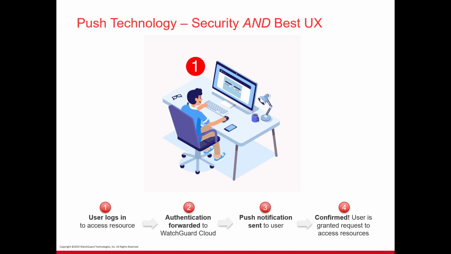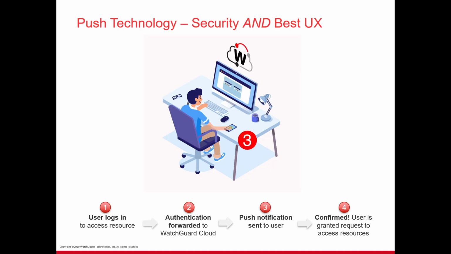So we talked about push technology and why it's secure and has the best user experience. And this is why. The user logs into a protected resource using username and password, for example. This is sent out to WatchGuard Cloud, which will verify if the credentials are correct, and the user has the right to access this specific resource.